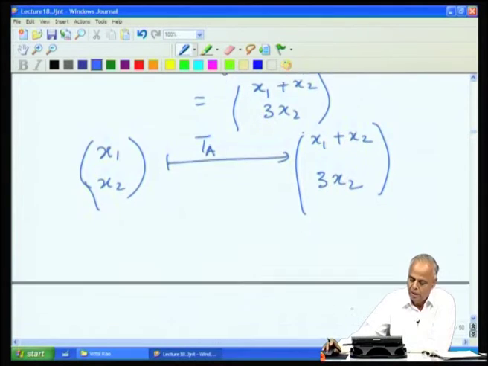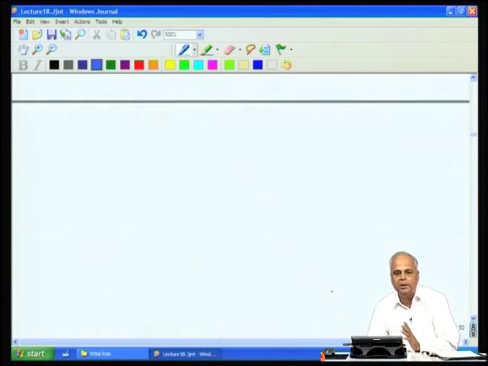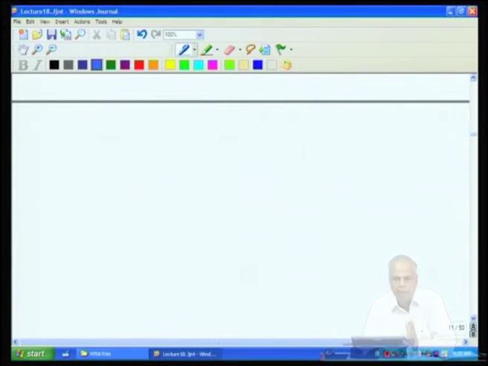Thus every m by n matrix gives us a linear transformation from F^n to F^m. Every n by n matrix gives us a linear transformation from F^n to F^n, and therefore a linear operator on F^n. So, among the linear operators on F^n, the large number of examples are the square matrices with n rows and n columns.